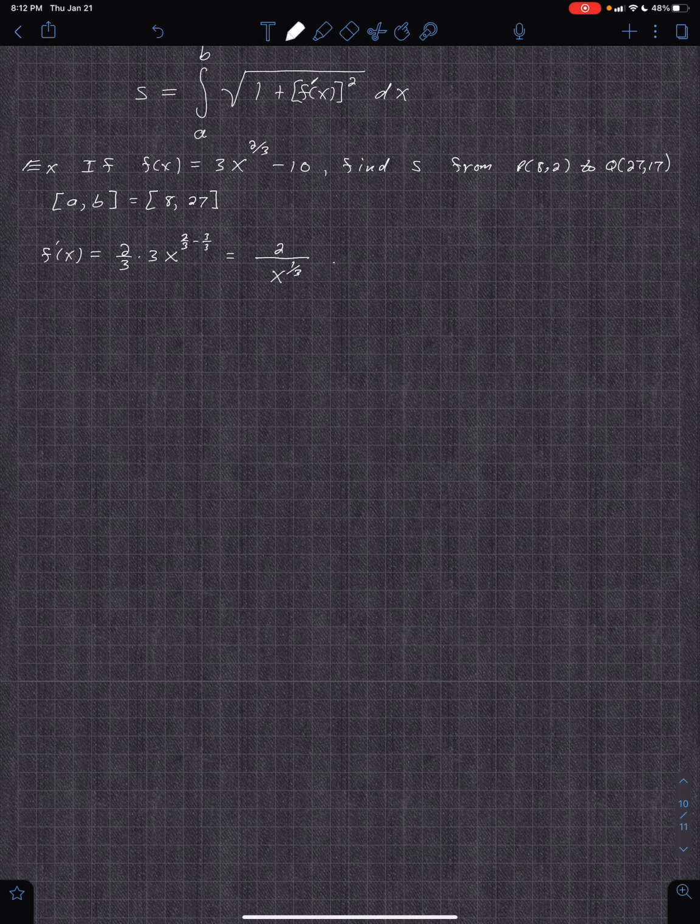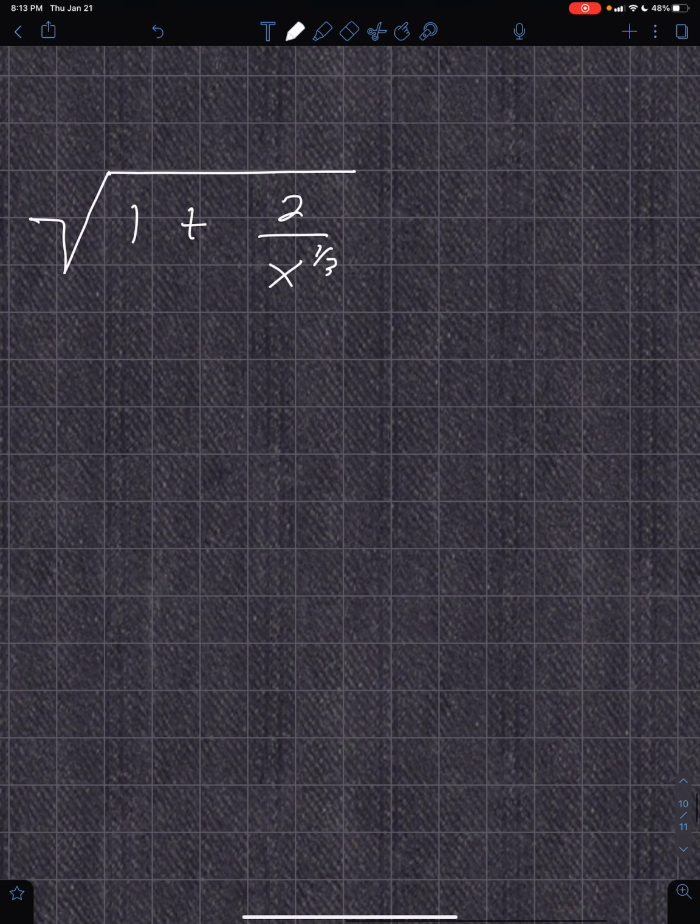All right, so next, I went ahead and substituted into the integrand, just to do a little simplification first. So it's 1 plus 2 over x to the 1/3, and that's quantity squared.